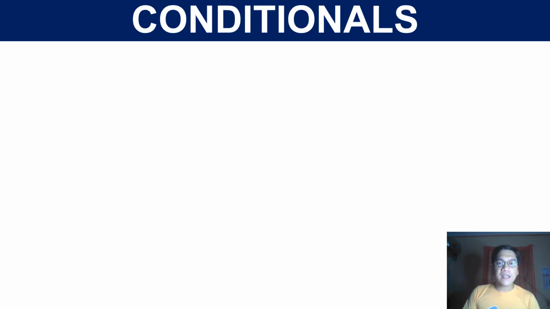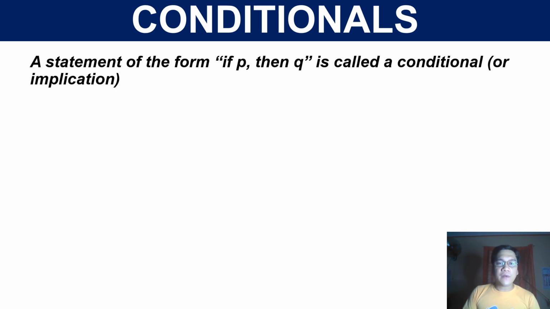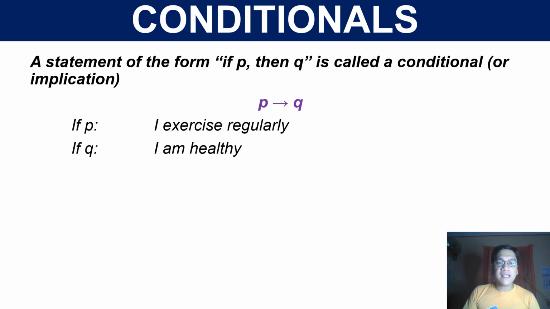So the next one is conditionals. What are conditionals? A statement of the form if P then Q is called a conditional or implication. In symbols, we have P implies Q or if P then Q. So let us again have some examples.